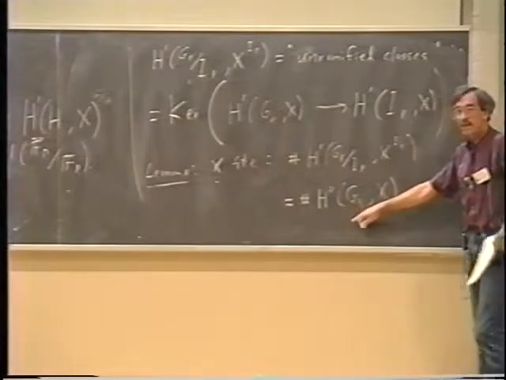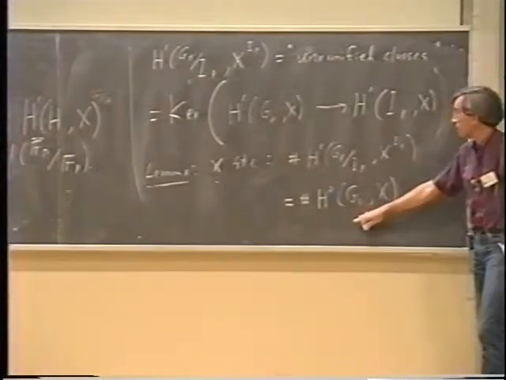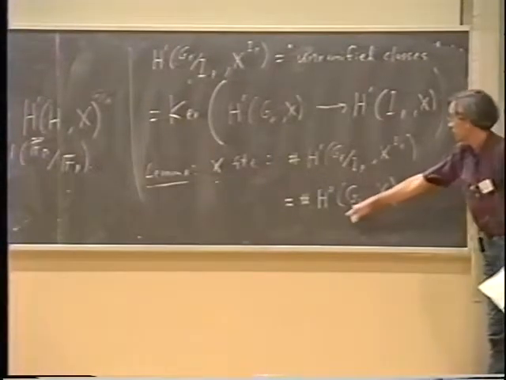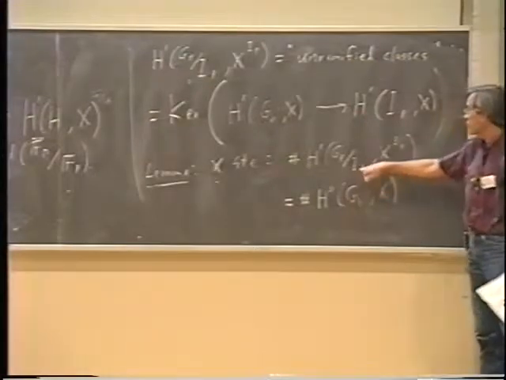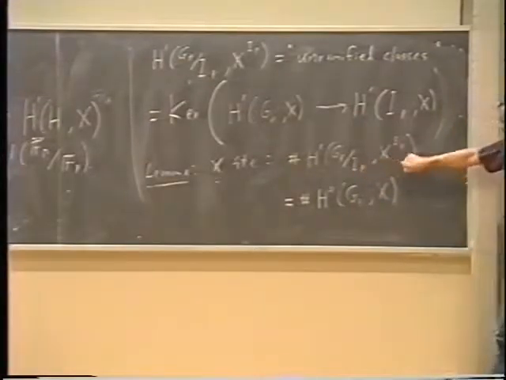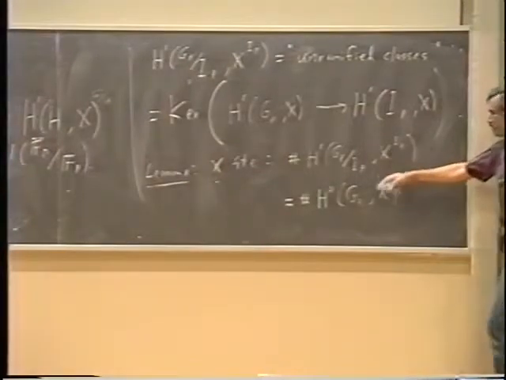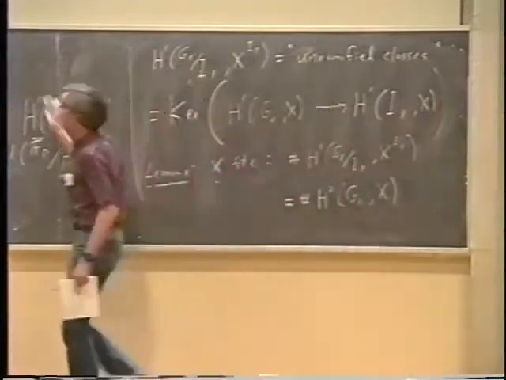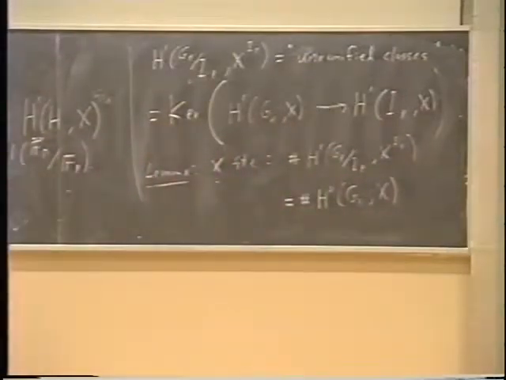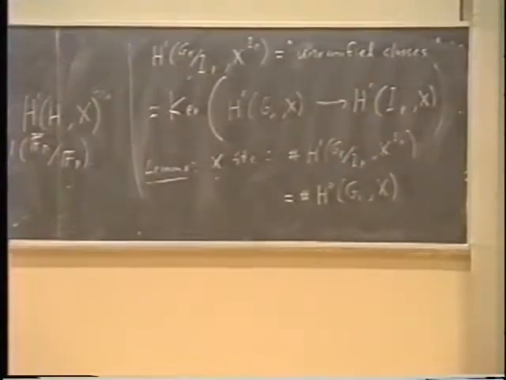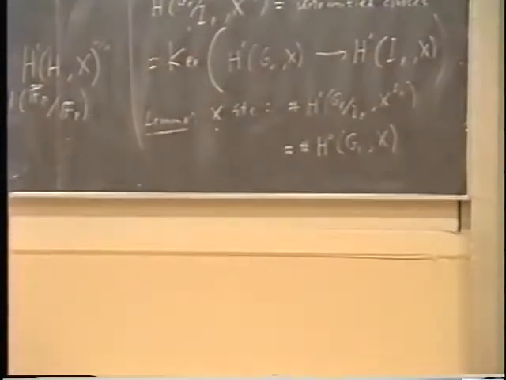H0, in any reasonable situation, you can calculate what it is. It's just the things in X that are fixed by G_p. This has too many symbols in it, so it's hard to calculate. So this is nice. I won't prove this. The proof is only like two lines, but it's probably better to move on. Good.